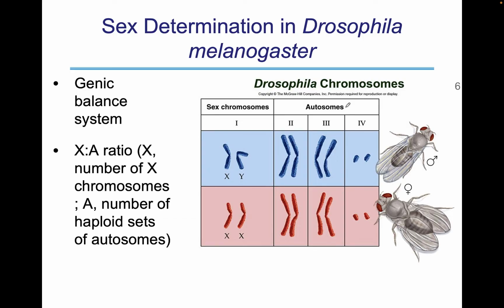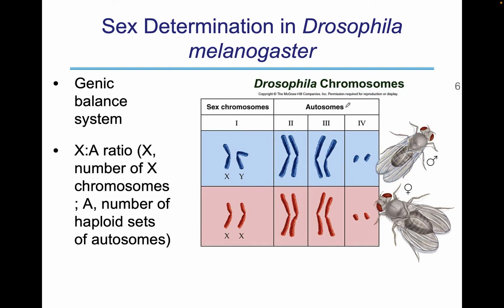So to really understand this more, Bridges began to examine other flies with different numbers of sex chromosomes and autosomes. And the XA ratio that I talked about appeared to correctly predict the phenotypic sex of the flies.